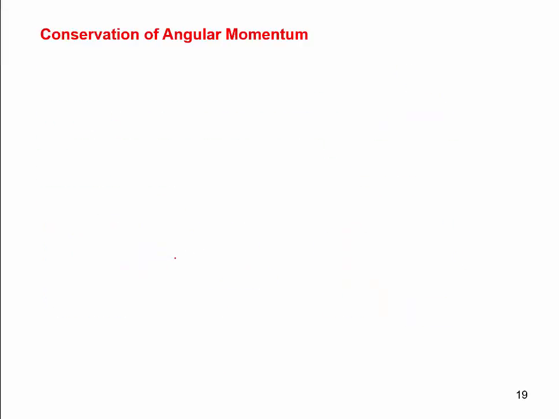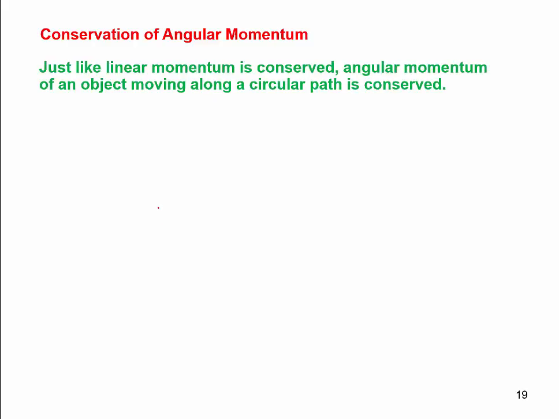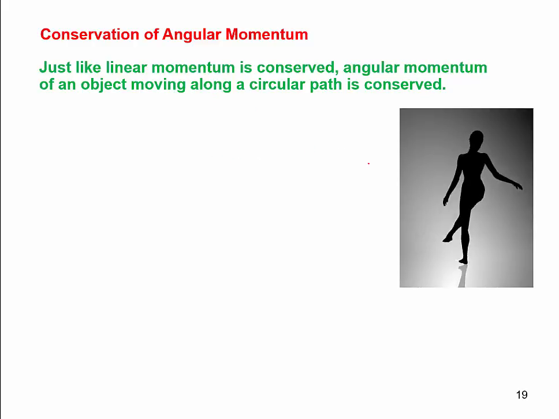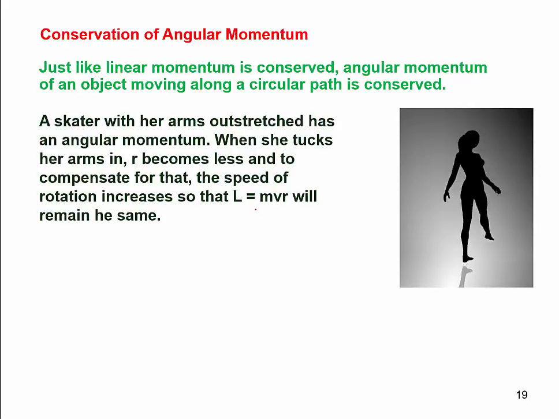We talked about conservation of momentum earlier, conservation of linear momentum. In the same way, momentum is conserved in the case of motion along a circle as well. So just like linear momentum is conserved, angular momentum of an object is also conserved. Now, look at the skater spinning. You have seen this process.